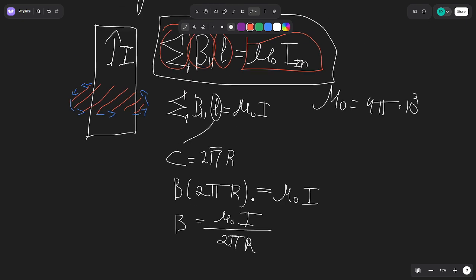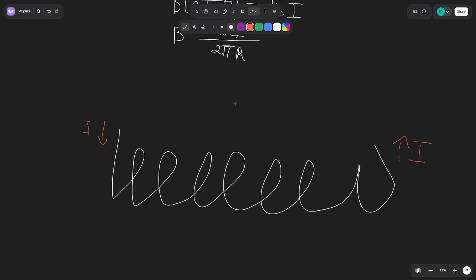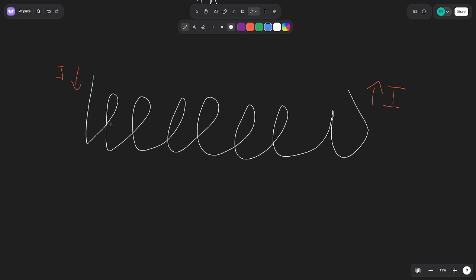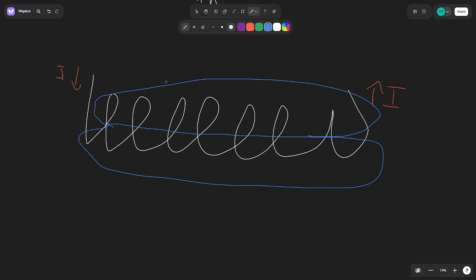According to Ampere's law, there will be a magnetic field around it. Right? So we'll go this way.